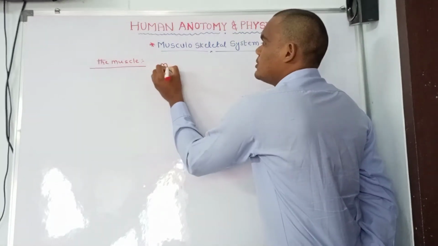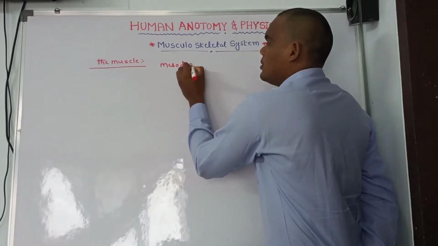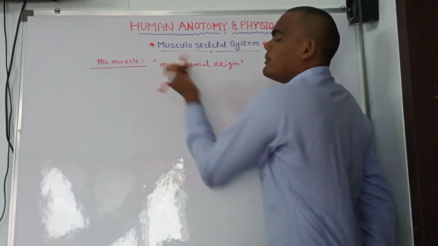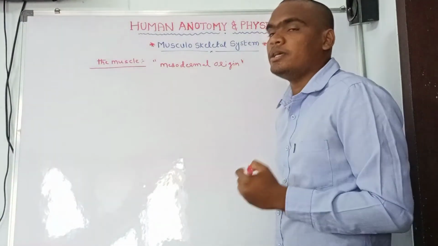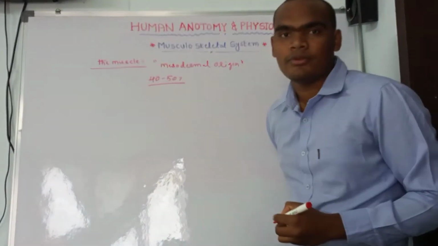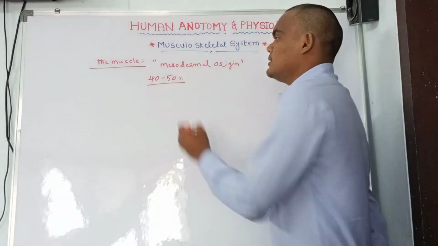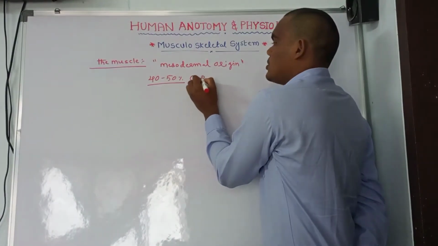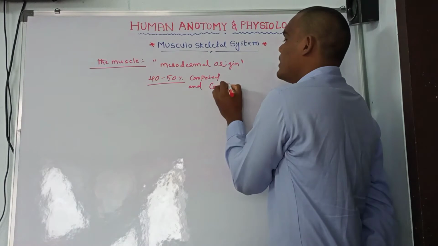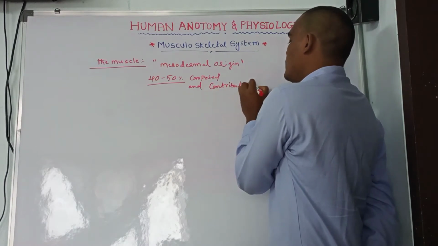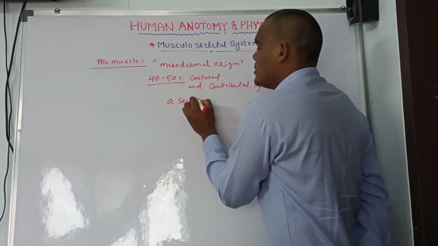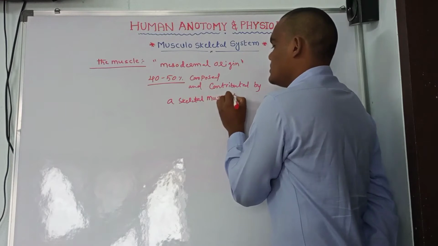mesodermal origin. Mostly, 40 to 50 percent of the human adult body is composed of and contributed by skeletal muscles.